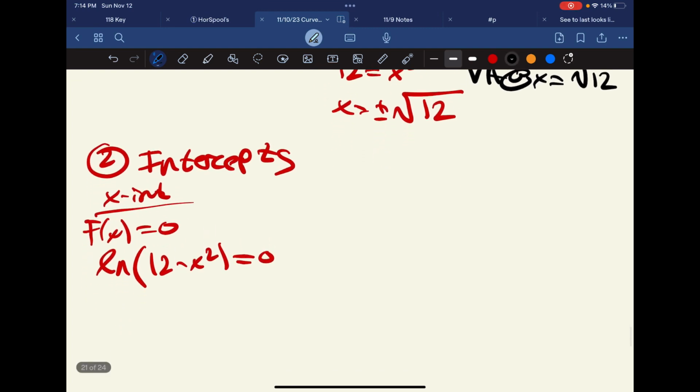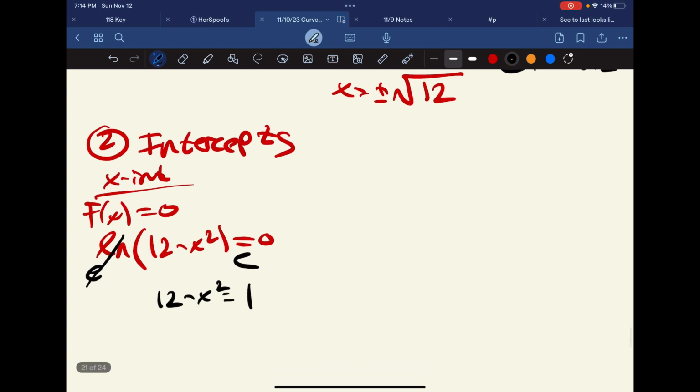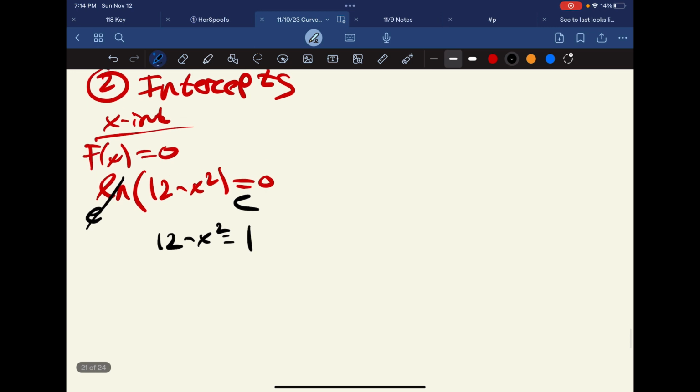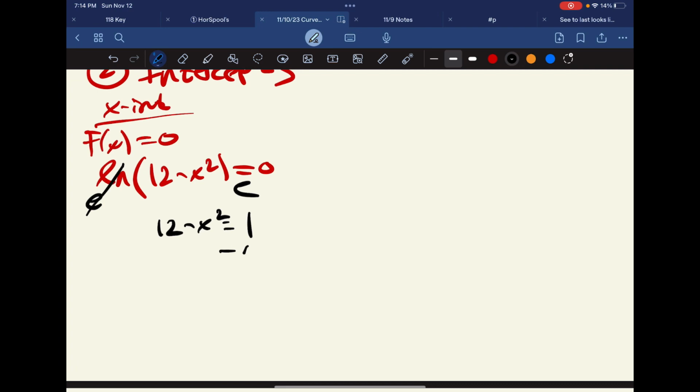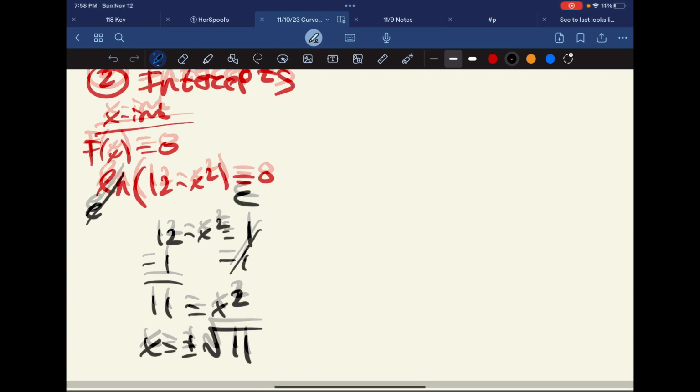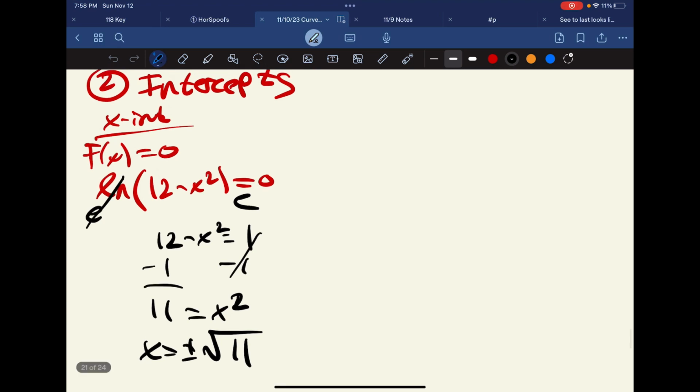So we can raise e to either side to get 12 minus x squared equals 1, because e to the 0 is 1, anything to the 0 is 1. So then we can move that 1 over. 11 equals x squared, so x equals plus or minus the square root of 11. Okay, so let's list those out as points.